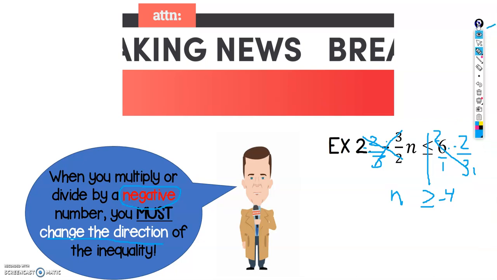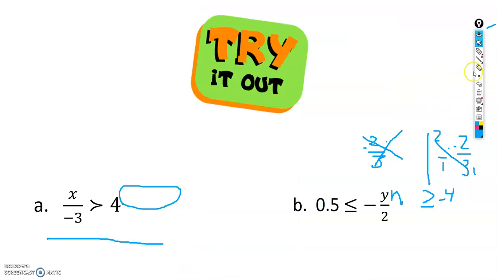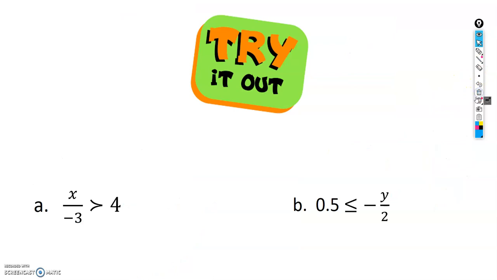Oops. Let's clear this out of here. Let's try a couple here, guys. So right here, I'll draw my wall just so that I can remember what I do on one side, I do on the other.